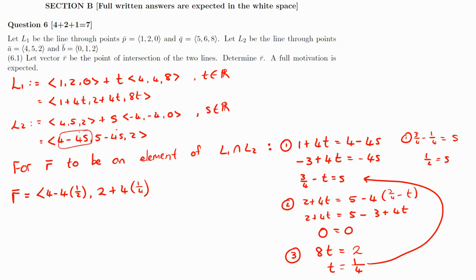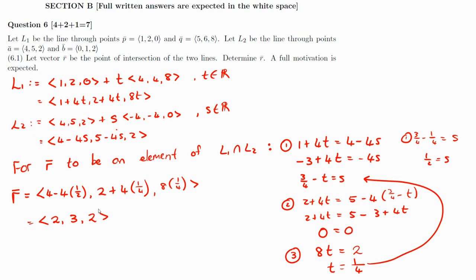I used this as my first component, and then this is my second component, and then let's use this as our last one, 8t. Okay, so our R will be 4 minus 2, which is just 2. And then this should be 2 plus 1, which is 3. And this would be 2. Okay, so our answer for number 6 should be 2, 3, 2.